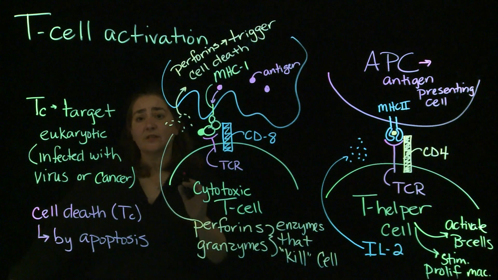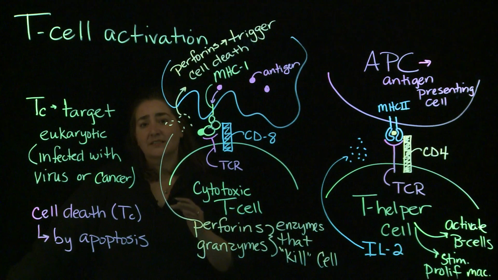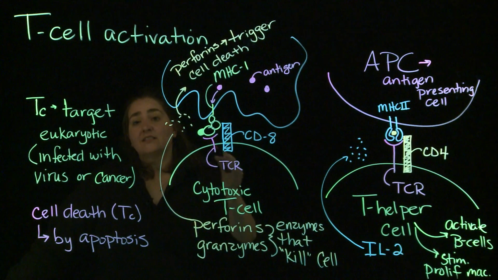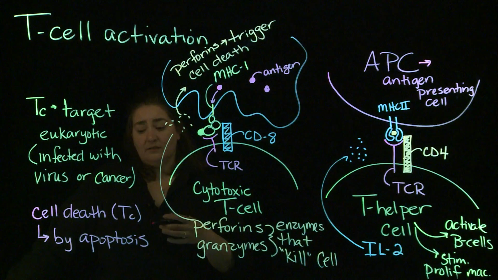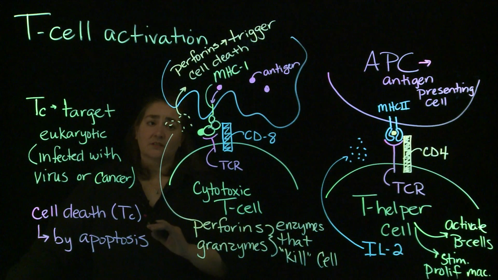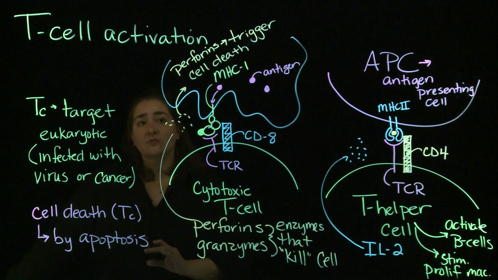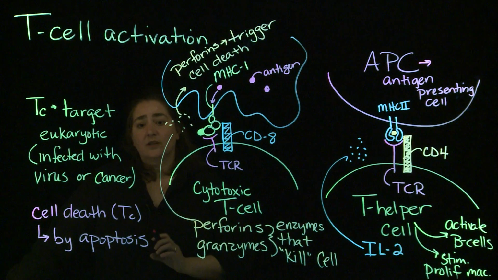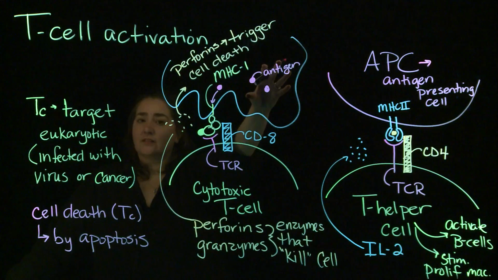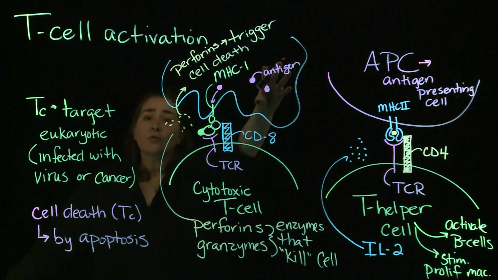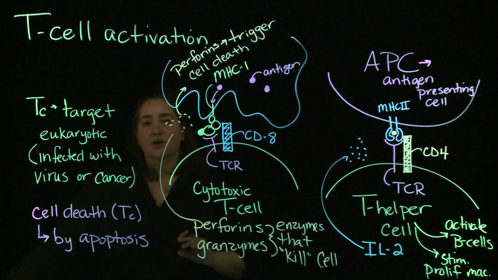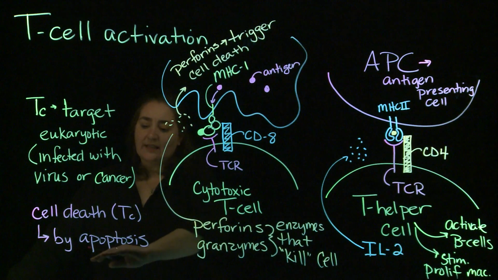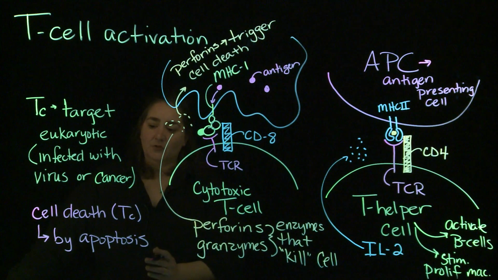Essentially, every cell has a mechanism inside of it that's like a self-destruct button. That's what apoptosis is. When those perforins and granzymes are inserted into that eukaryotic cell that's either infected with virus or growing out of control, it triggers that cell's auto-destruct button, and that auto-destruct button is apoptosis.